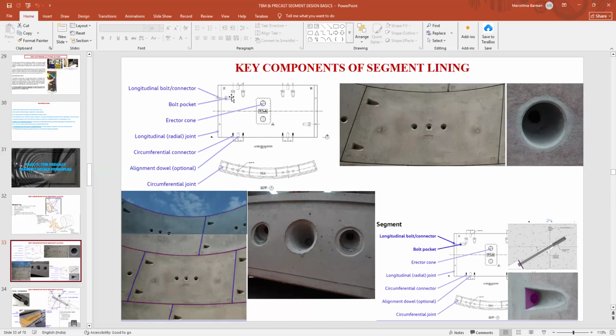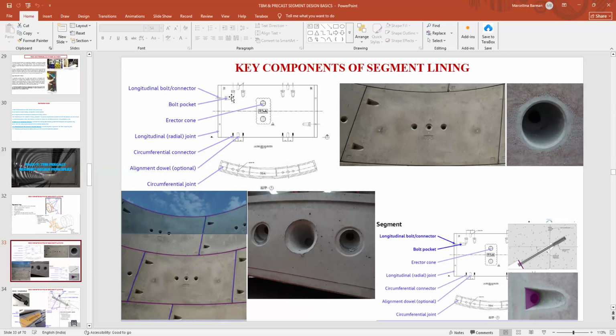Bolt pocket means in the mold there is already a groove, and when the segment is cast, accordingly this opening is formed. This depends on the dimension and size of the mold. So before any segment casting, you need to check all the mold dimensions, and whether the tolerances fit within your structural dimensions or not.